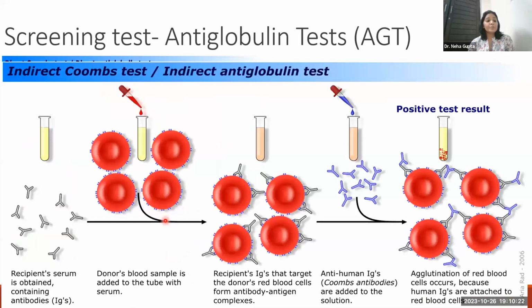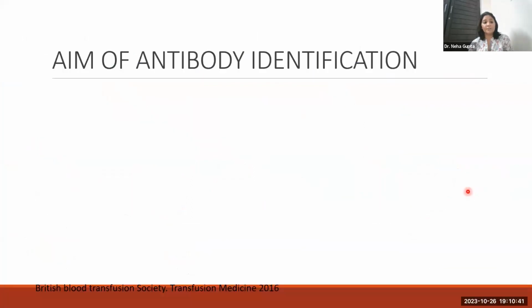In the indirect Coombs test, we take the sera, which has antibodies, and add RBCs that contain the antigen, so an antigen-antibody complex is formed. Then we add the Coombs reagent, that is anti-human antibodies, which combine with these antibodies, and agglutination takes place. This is a positive result.